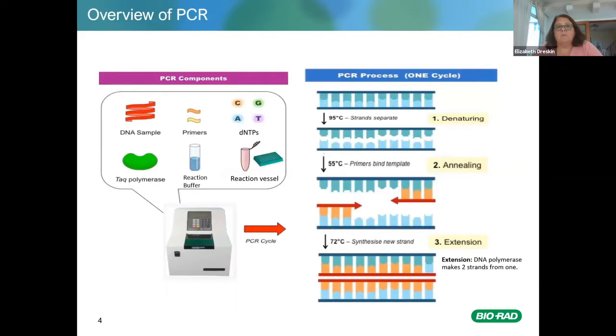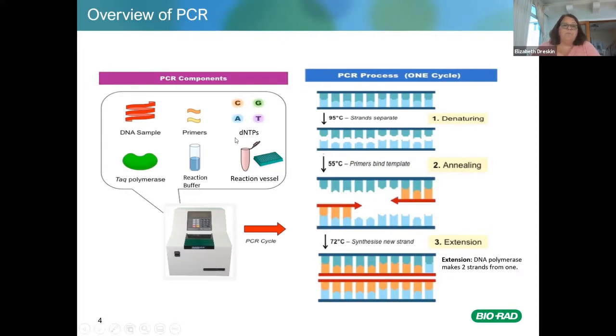So just a brief overview of PCR and the components that are required. Taq polymerase, I'm going to just call it Taq polymerase. There are many companies who have worked on different modifications of Taq polymerase, so I'm not really referring to the original one. This is just a generic Taq, but companies have designed their own Taq polymerase to have different features.